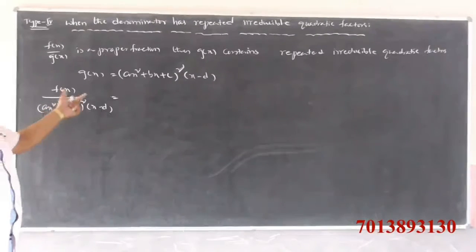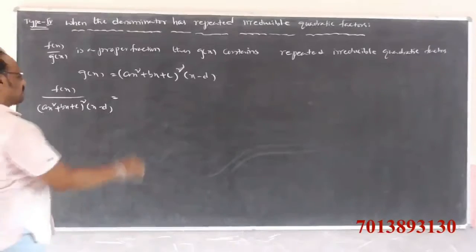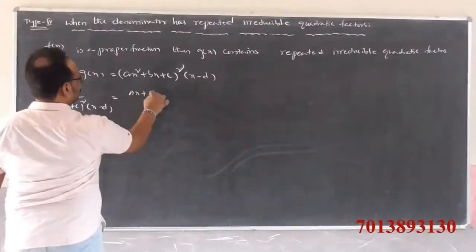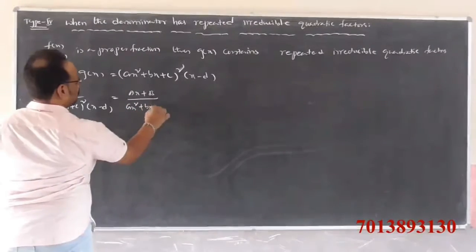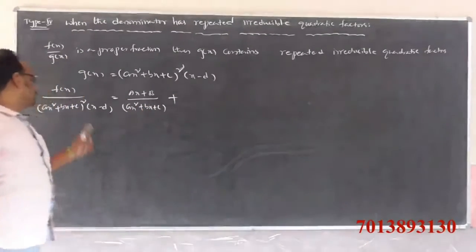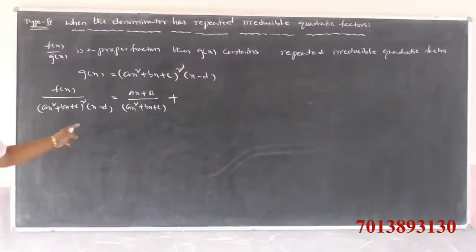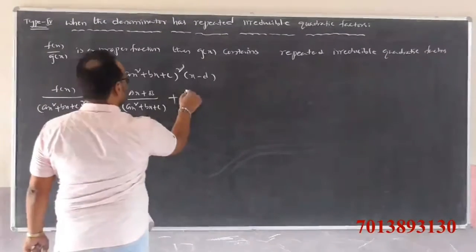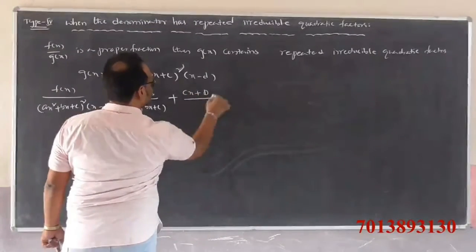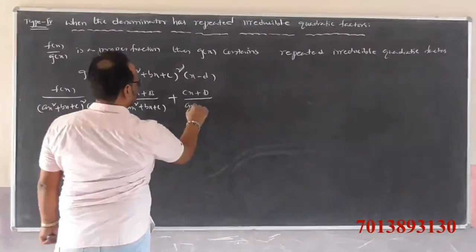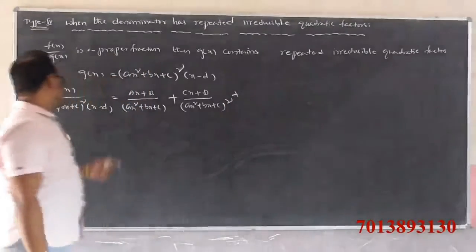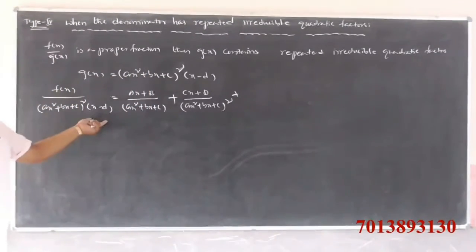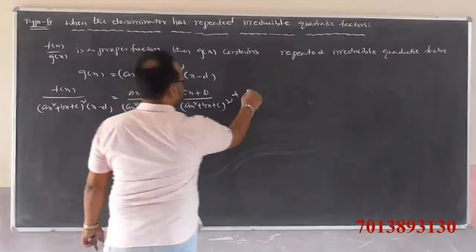Quadratic factors means compulsorily the numerator has linear factors, that is ax plus b. First write ax plus b by x square plus bx plus c, plus, since it has a repeated irreducible quadratic factor, take another linear factor, cx plus d, by ax square plus bx plus c whole square, plus, it also contains one linear factor.